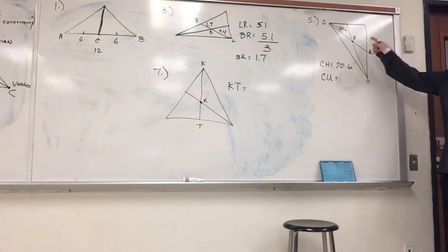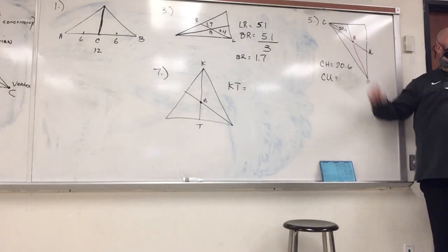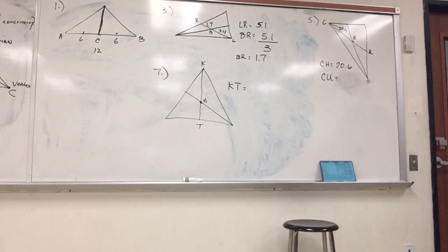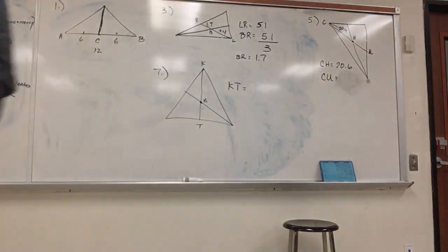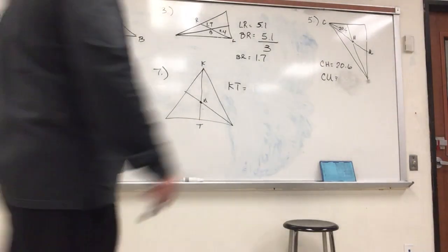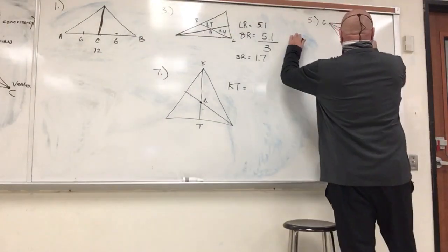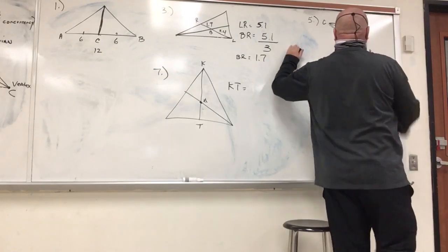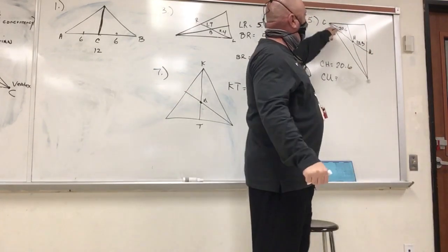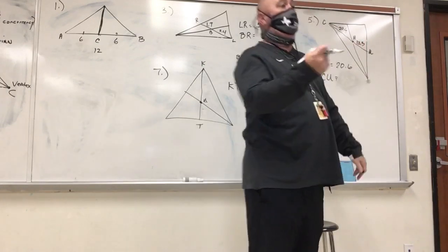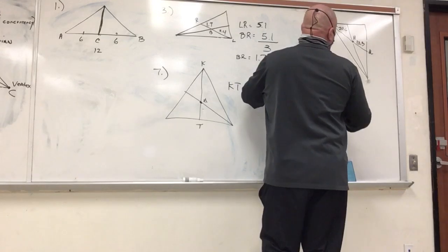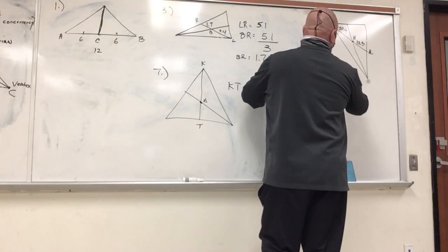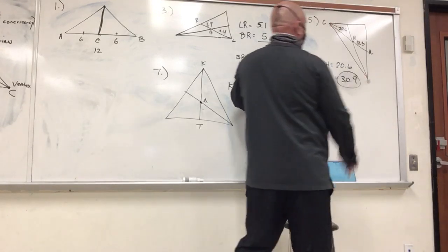So how do I find the short segment given the long segment? Did I multiply by 2 or did I divide by 2? I divide by 2. So everybody take 20.6 and divide it by 2. Tell me what you get. 10.3. All right. I'm not looking for HU though. I'm looking for CU. So I got 20.6 and I got 10.3. Add those two things and what do you get? 30.9. Is that correct? And that's what you get right there.